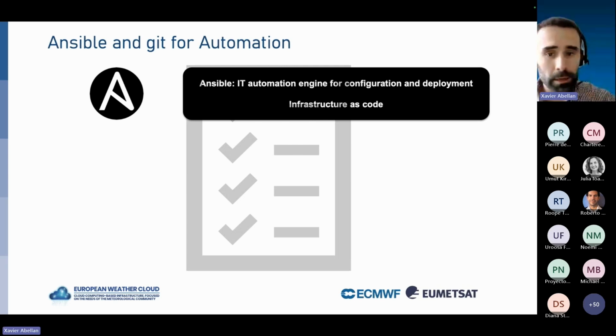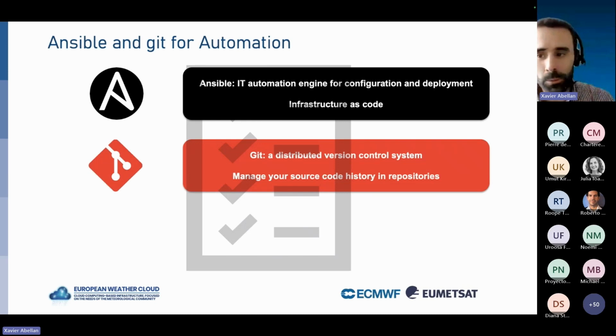Because it's code, we are going to use Git as well to host it and to keep track of all the changes and manage it. Git, for those of you who haven't used it, is a distributed version control system, very popular nowadays as well. It will allow us to do all the version control and make sure that the code is secure, and we can always revert or make any changes in a robust way.